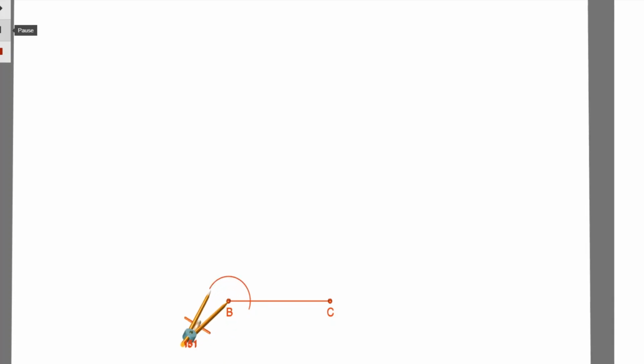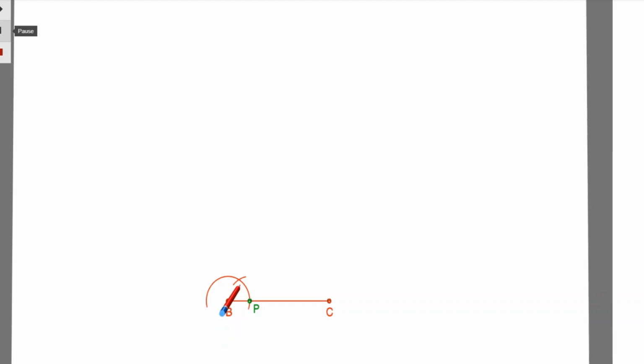So with B as center and any radius, we have to draw an arc which intersects the line BC at some point, say that point is P. Now put the needle of your compass at point P and draw an arc with the same radius and mark that point as say Q. Now don't change the radius of the compass and put the needle at Q. So with Q as center and same radius, draw another arc which intersects the first arc at some point, say R.